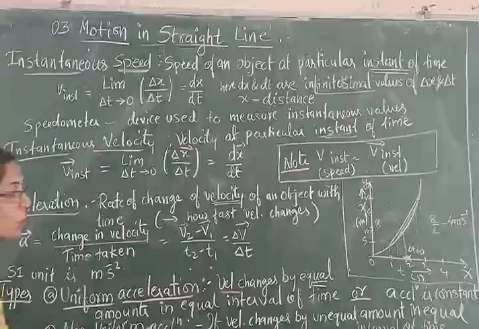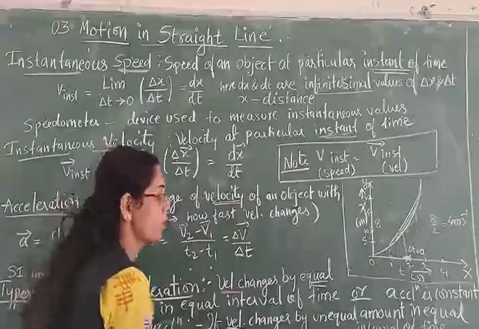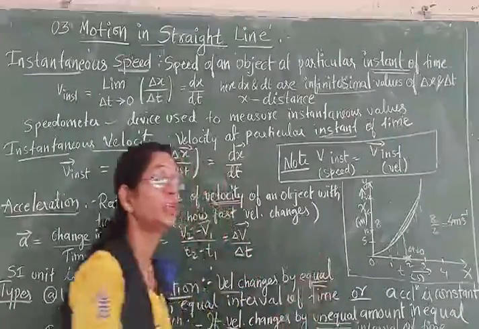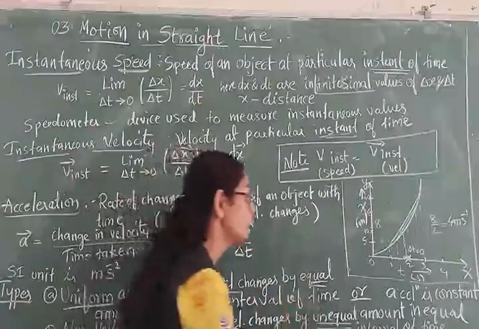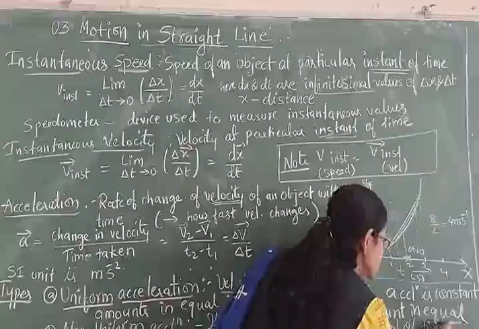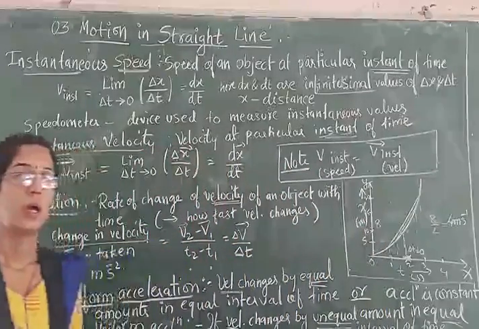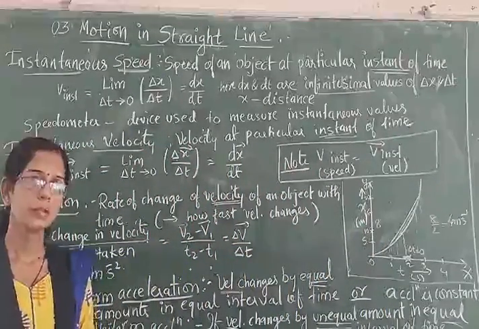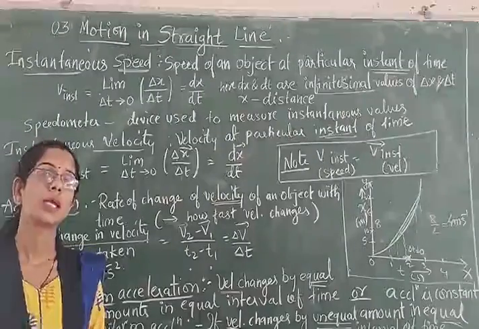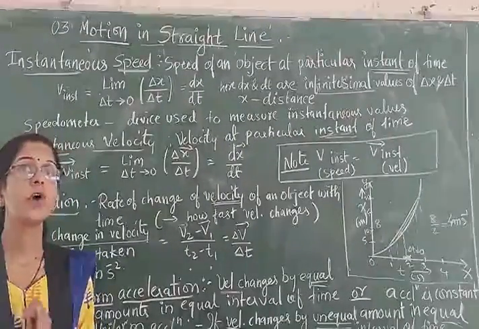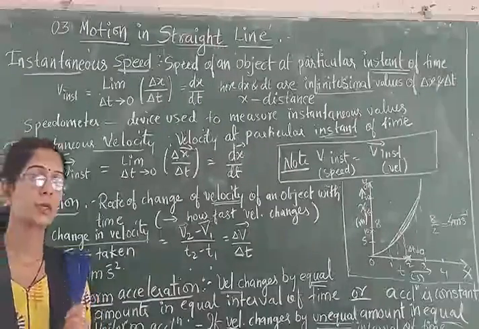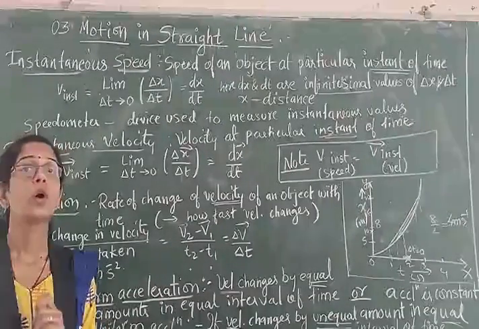If your velocity changes by an unequal amount while your time changes by equal magnitude, then the acceleration attained by the object is said to be non-uniform acceleration.